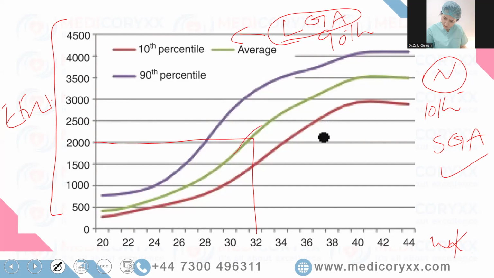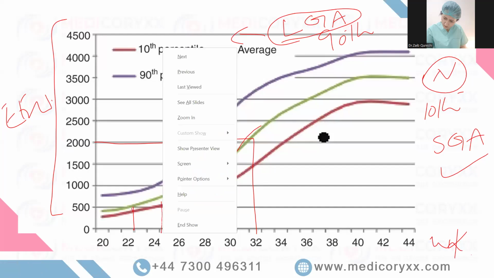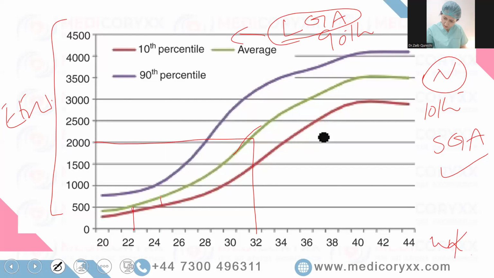Then at 20 to 22 weeks, the estimated fetal weight is about 500 or 550 grams. Very good. The green. At 24 weeks, it's going to be a little bit above, between 500 to 1000. Then at 28 weeks, it's going to be around 1.5. Then at 30 to 32 weeks, it's going to be 2.